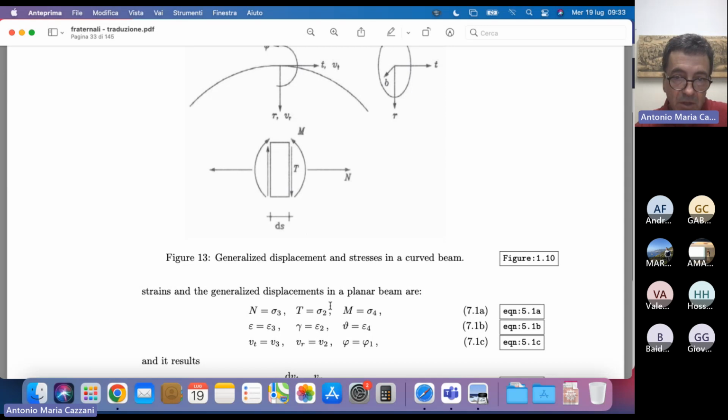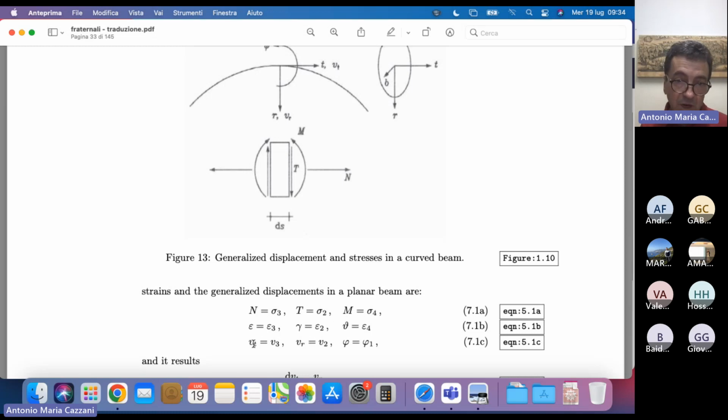The corresponding strains are epsilon, which is the axial strain, gamma, which is the shear strain associated to the direction of the normal, and theta, the angular strain associated to the bending moment.